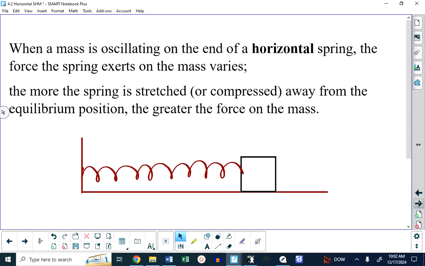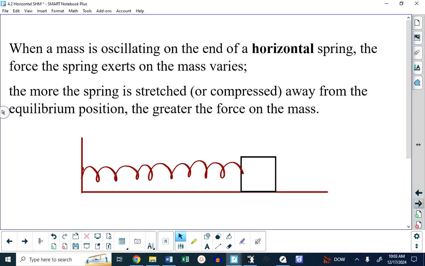What's going to happen is that spring is going to be pulling the mass back to the equilibrium position. I hope you understand when the mass gets to the equilibrium position, it's not going to stop. It's going to keep moving past the equilibrium position until the spring gets really compressed. And then it's going to spring back and repeat. So it's going to be a harmonic oscillator back and forth.